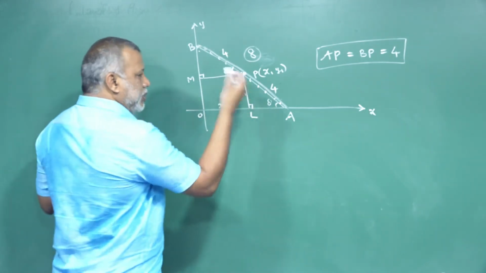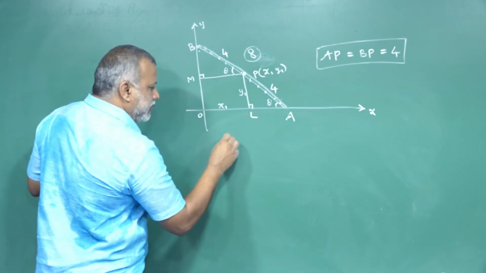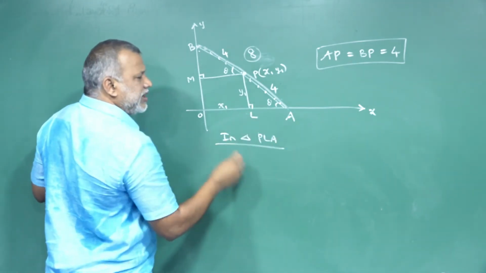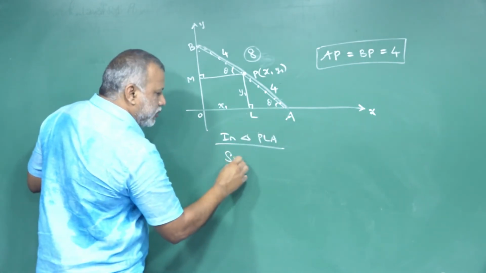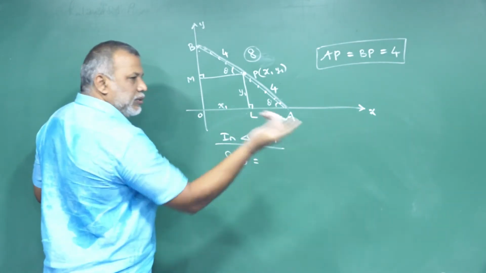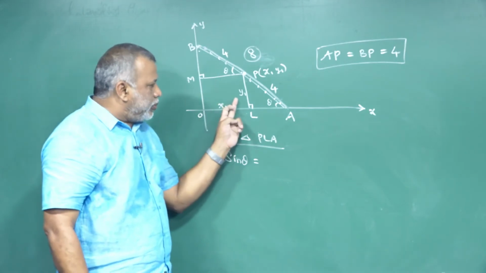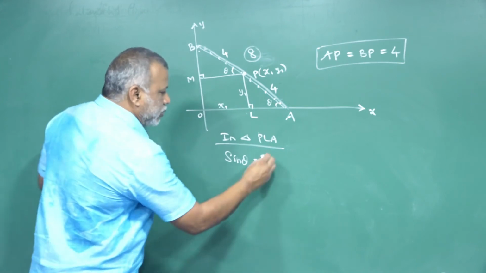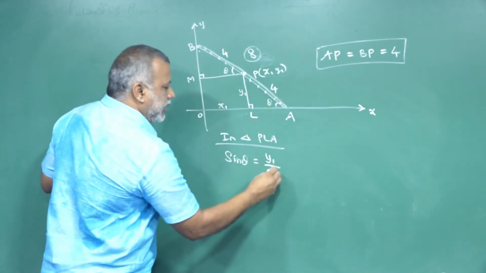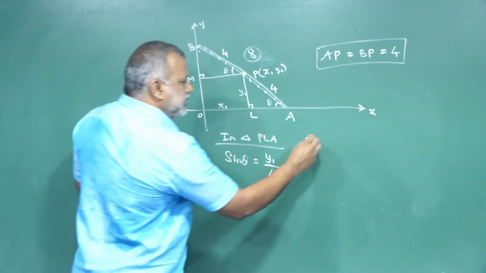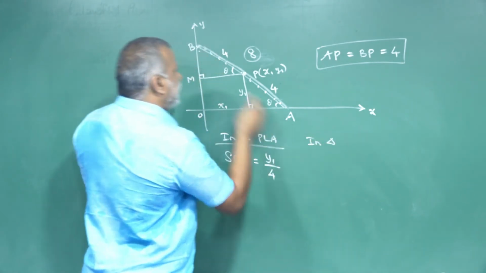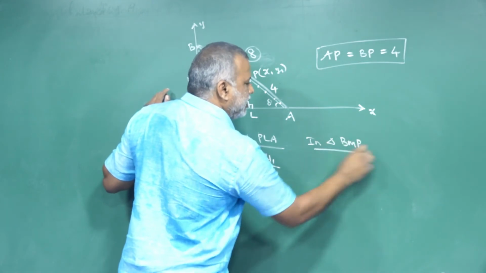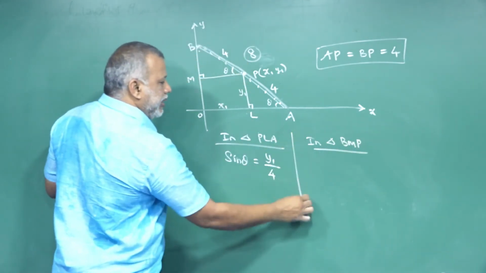See this diagram once again. In triangle PLA, we can get theta here. Therefore sin theta equals, what is the formula? Just now we discussed: opposite divided by hypotenuse. This is opposite. Opposite is y1 divided by hypotenuse, which is 4. In the same way, we have one more right angle triangle, BMP.